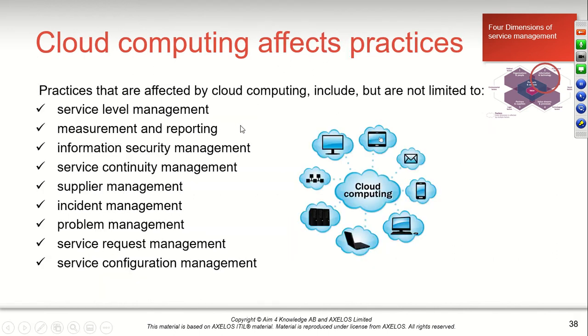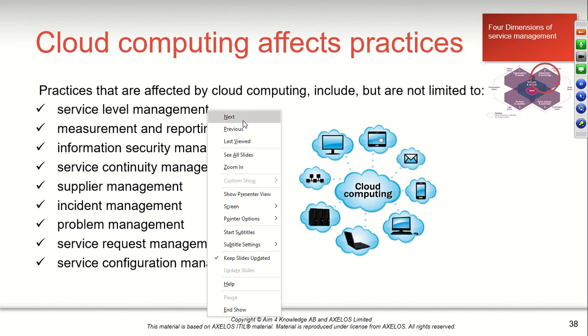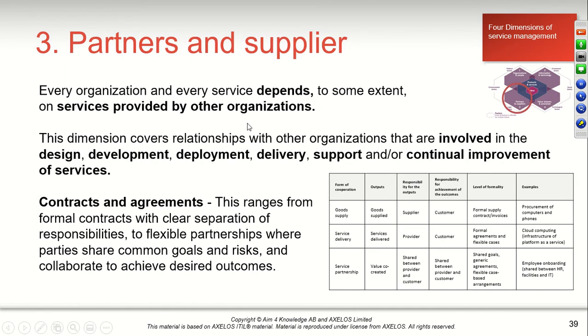We also mentioned that cloud computing can affect virtually all the practices, all the different processes, all the capabilities that we have in the organization. We did mention some of the practices such as service level management, supplier management, incident management, and problem management. And then we talked about the third dimension, which is partners and suppliers.